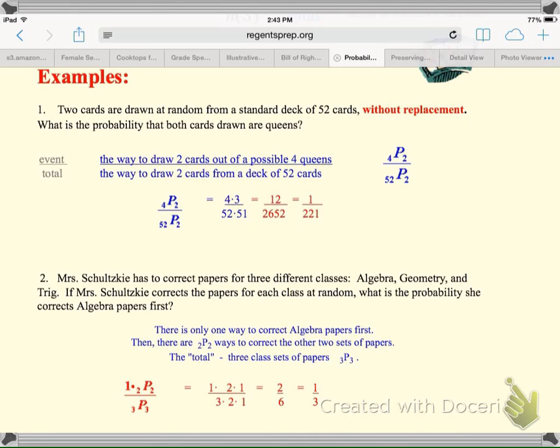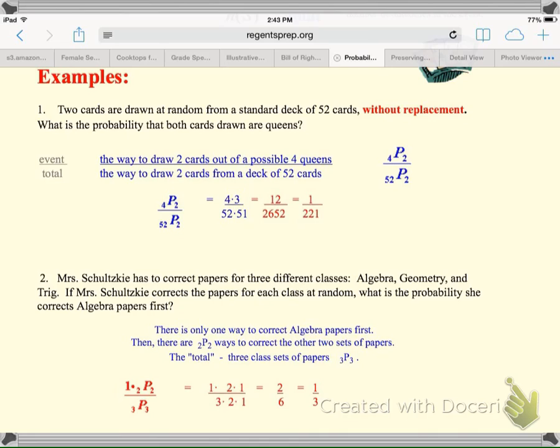Okay, Mrs. Schultzke has to correct papers for 3 different classes: algebra, geometry, and trig. If Mrs. Schultzke corrects the papers for each class at random, what is the probability she corrects algebra papers first? There is only one way to correct algebra papers first, and then there are 2p2 ways to correct the other 2 sets of papers.